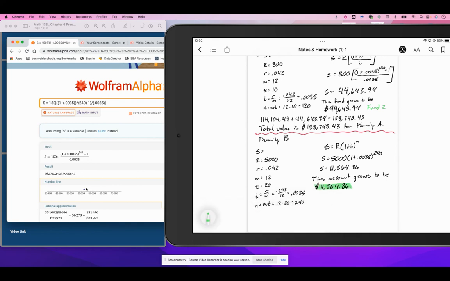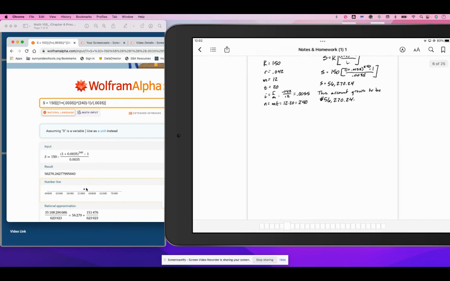The compound interest is 11,564.86. And we're going to add that to this account, the 56 grand. So we have 11,564.86 from the compound interest of the $5,000 plus the value in this account, 56,270.24. And they end up with 67,835.10.